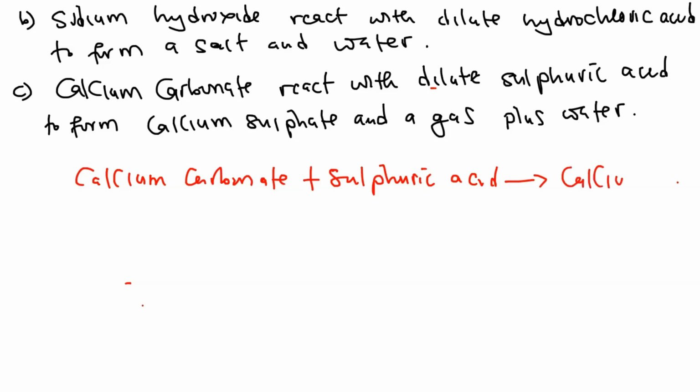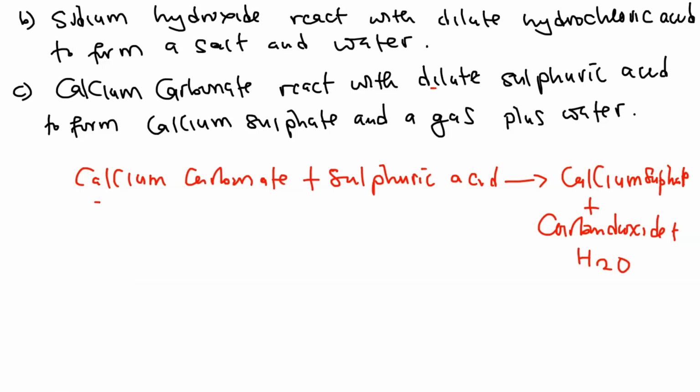Calcium sulfate. They even told you that. Then plus what? Plus a gas, which is carbon dioxide, you know. Carbon dioxide. Then plus what? Plus water. So this is the word equation. So the word equation, you need to have it at the back of your mind for you to write the chemical equation. So now let us look at the chemical equation.